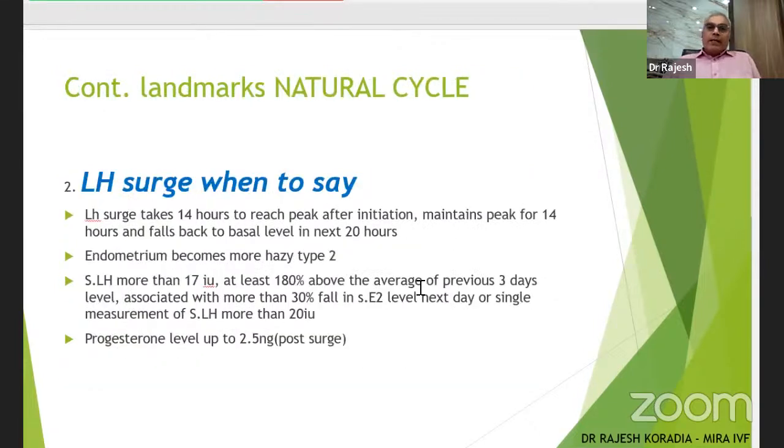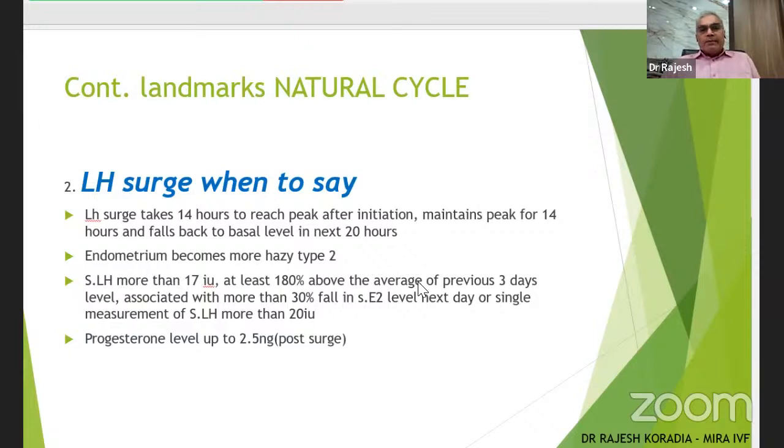When do we say that the LH surge has occurred? Normally, the LH surge takes 14 hours to reach the peak after initiation, and this peak is maintained for 14 hours and falls back to basal level in the next 20 hours. The endometrium becomes more hazy and type 2.